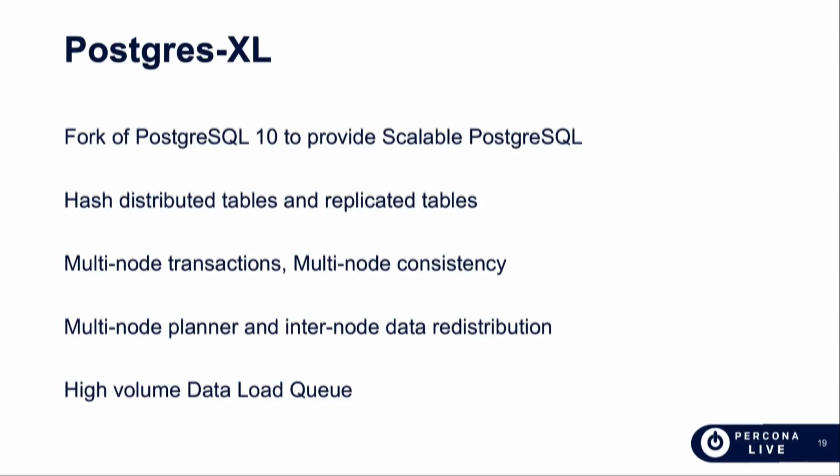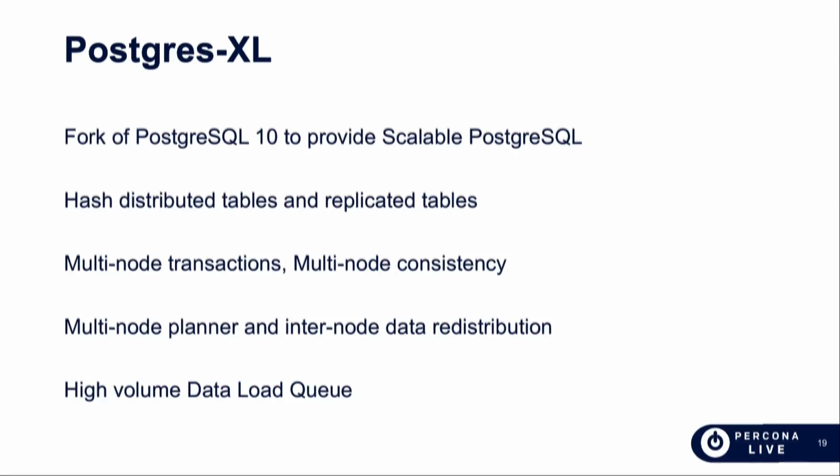The architecture also supports multi-node transactions, which is obviously useful when you're doing more than just simple single transactions on data nodes. And it also has a mechanism to provide multi-node consistency for those multi-node queries, as well as an optimizer that can handle planning of multi-node queries.